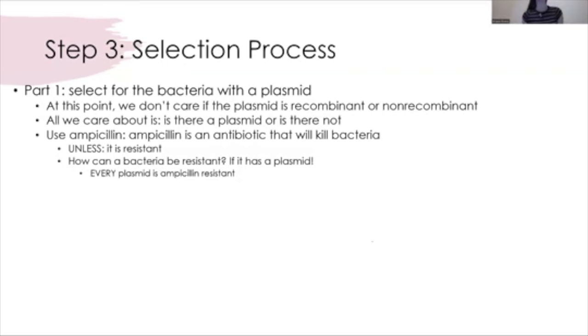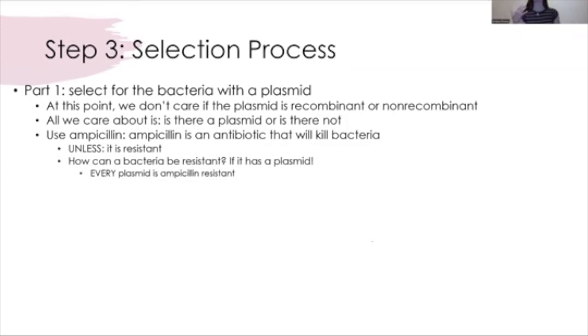And the way that we're going to do this is with ampicillin. So remember, on every single plasmid, you had an ampicillin resistance gene. That means if that ampicillin resistance gene is in a bacteria, the bacteria would be considered to be ampicillin resistant. So if we use ampicillin, we know that ampicillin is an antibiotic that kills bacteria unless that bacteria is resistant to ampicillin.